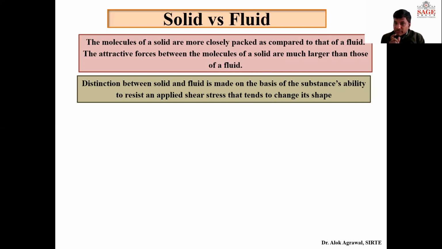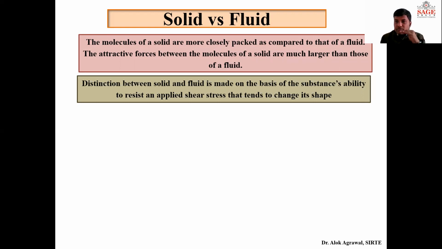So if a substance resists the applied shear stress, we put that substance in the category of solid, and if it does not resist the applied shear stress, we put that substance in the category of fluid, that we have seen in the earlier slide.